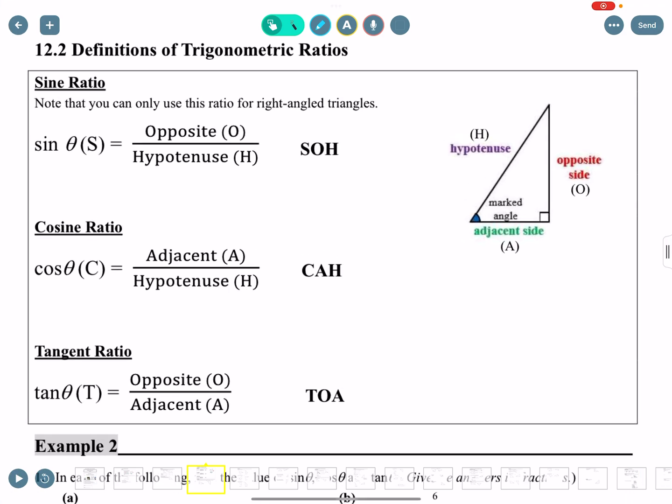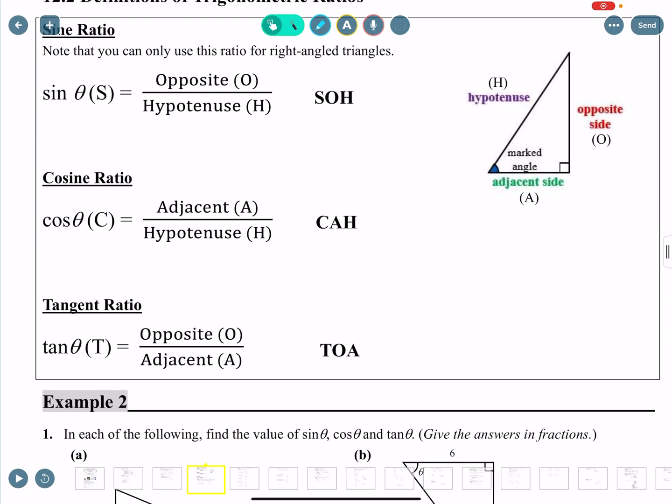Alright, so SOHCAHTOA is an abbreviation for three ratios: sine ratio, cosine ratio, and tangent ratio. It's very important that you get used to them.